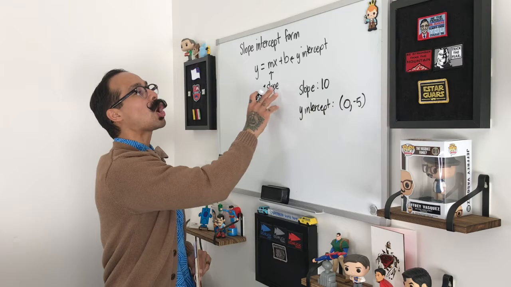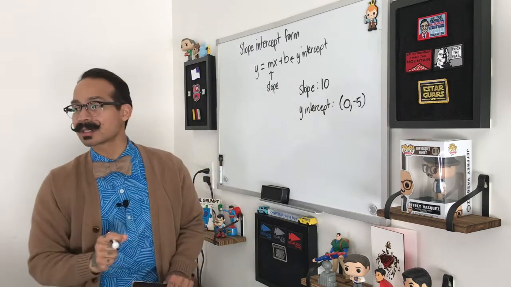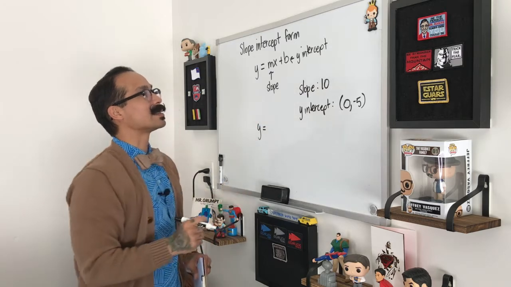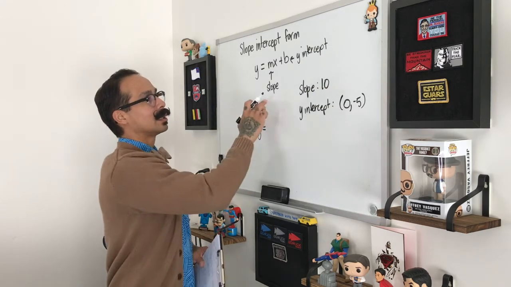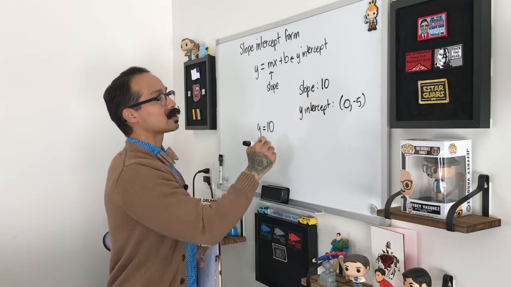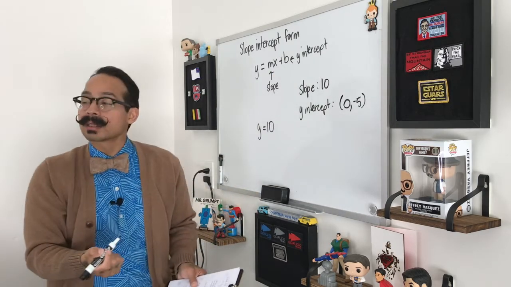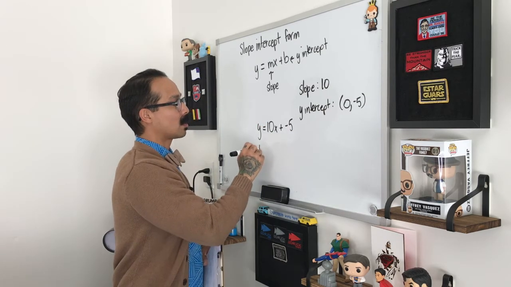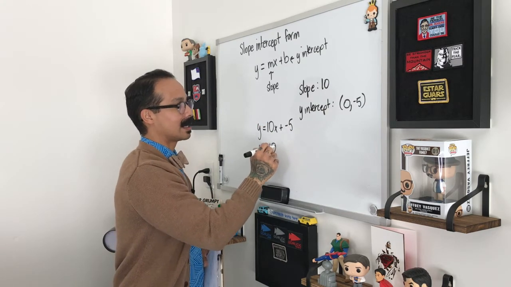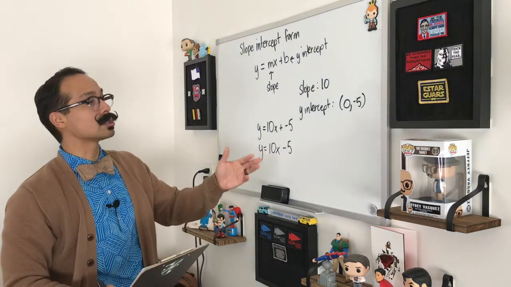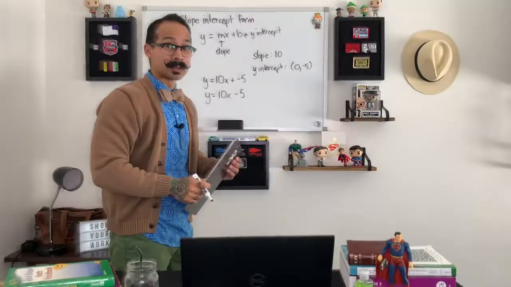So we're actually already given some things that we could use to substitute into our line. So instead of writing y is equal to mx plus b, we would write down our slope is 10, our y-intercept is -5. And I can write that in 2 ways. I can write that down as plus -5, or I can write it down as y is equal to 10x minus 5. Either one of those equations would be correct for example number 2.